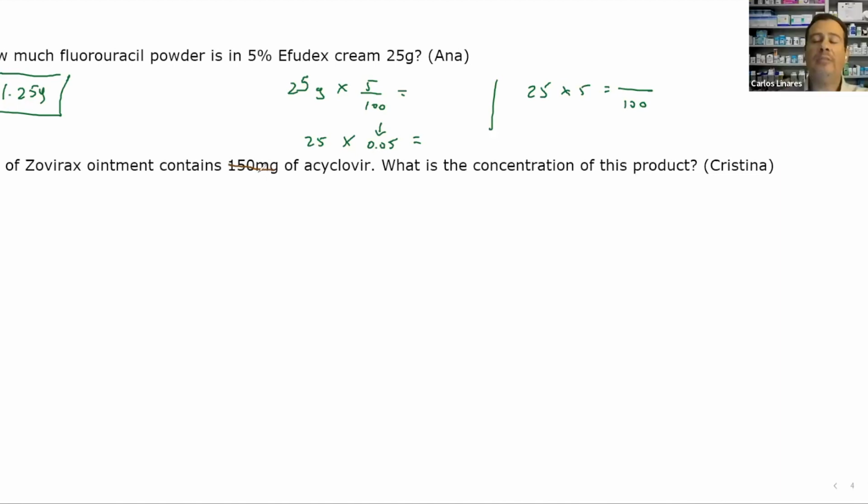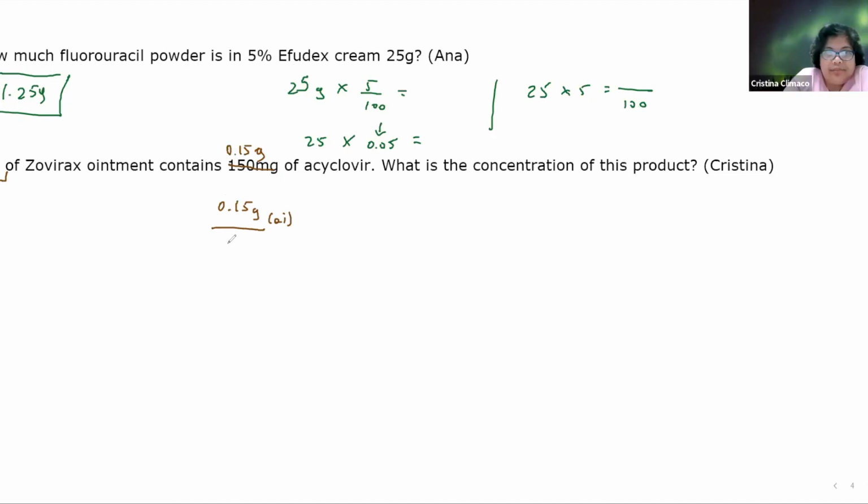We need to convert the 150 milligrams to grams, so move the decimal to the left: we have 0.15 grams, which is the active ingredient. We divide this by the total, 3 grams, since the Zovirax ointment contains 3 grams total, times 100. This gives us 15 over 3, which is 5.